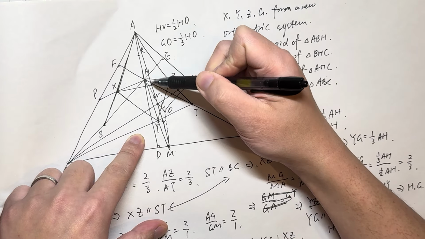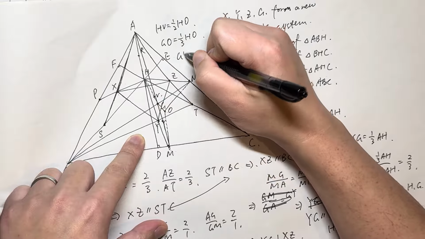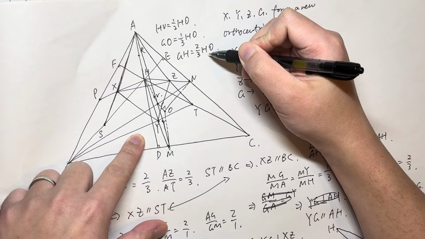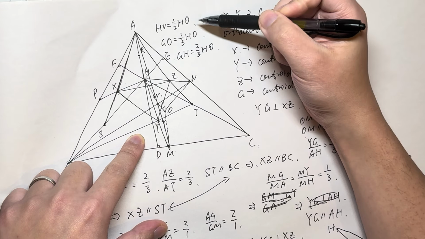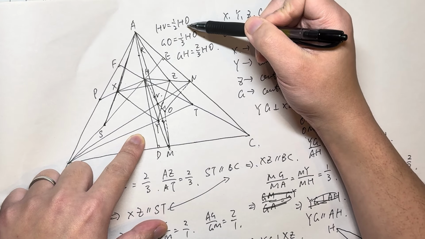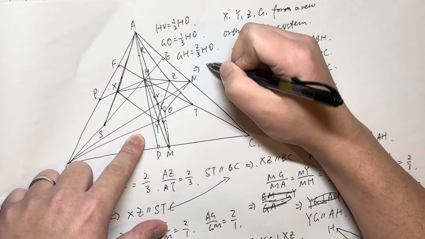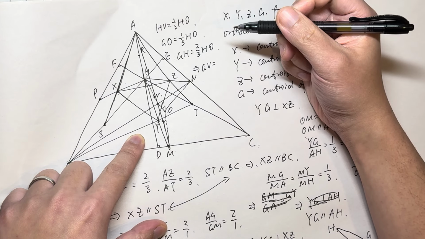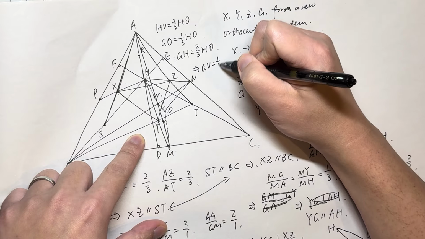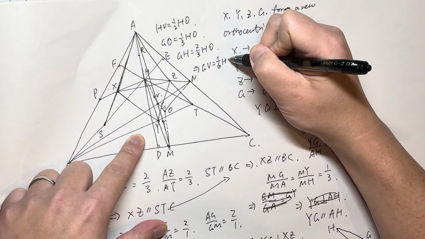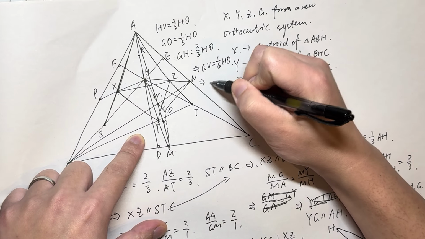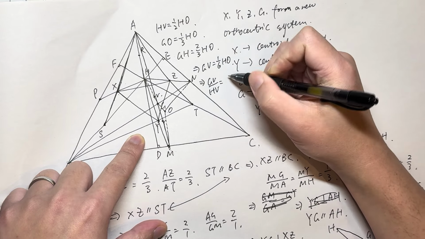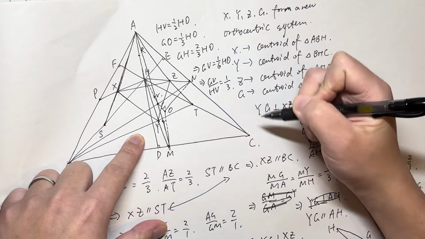Which means GH equals 2/3 of HO. And we know that HV is half of HO. So we know that GV is 1/6 of HO, which means the GV to HV ratio equals 1 to 3.